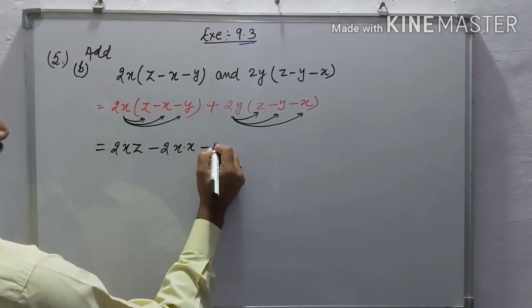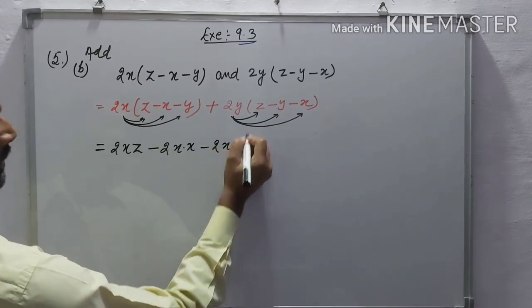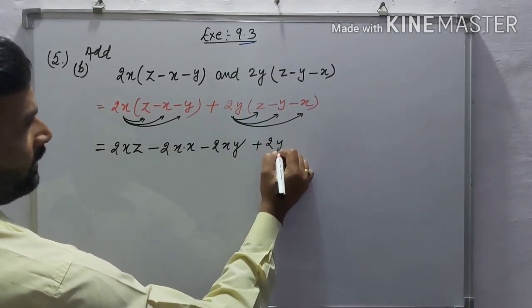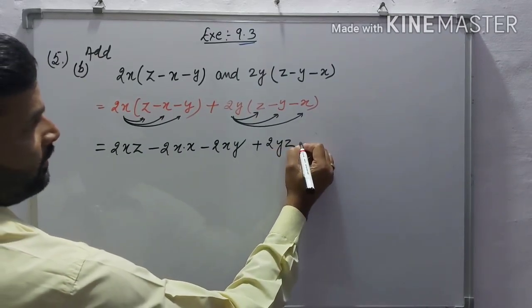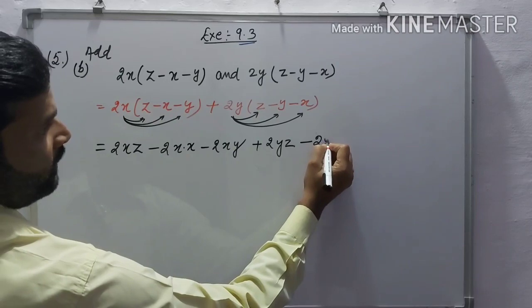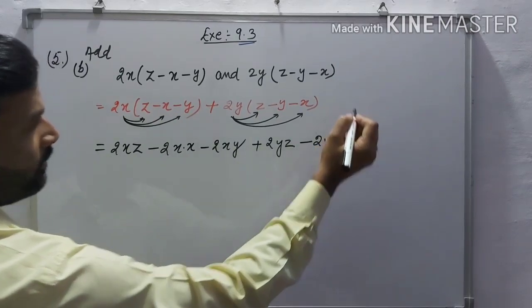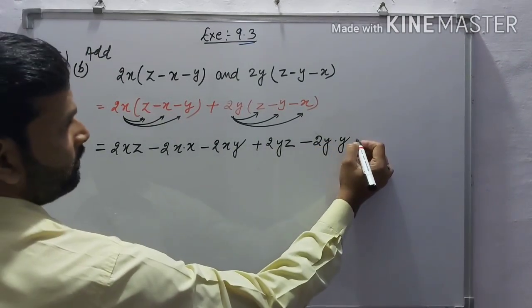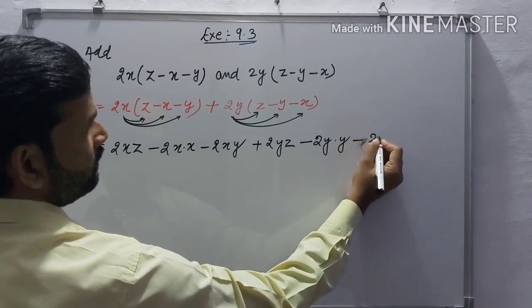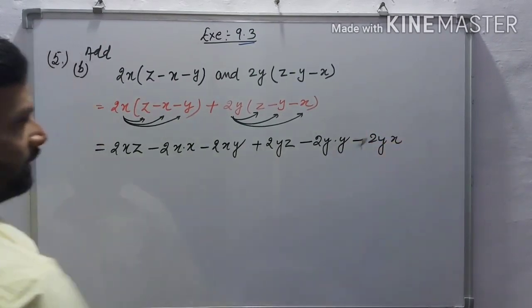Okay, and minus 2xy plus 2yz minus, plus minus is minus, and 2y into y and plus a minus 2y into x.